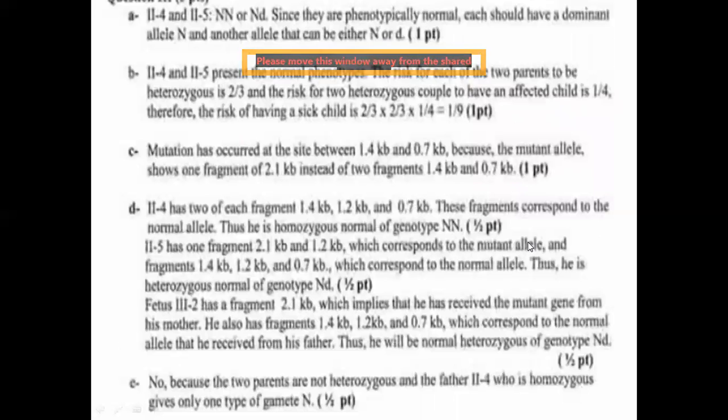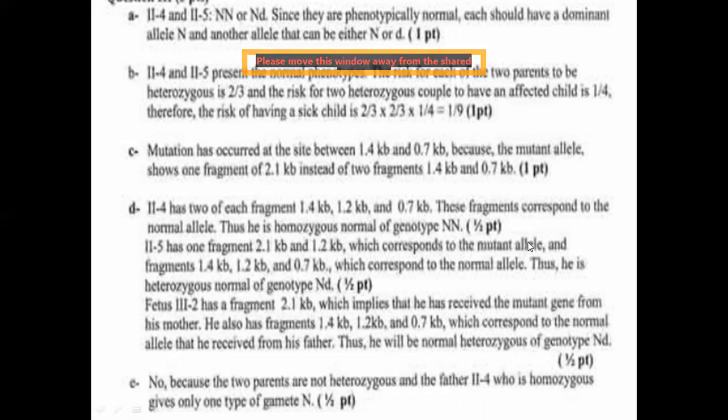So, as we said, 2-4 and 2-5 are either NN or ND. Why? Somebody might ask, Mr., you didn't give symbols or determine the dominant and the recessive allele. They already did in the question, so no need to write them again. They gave you the dominant and the recessive allele as well.